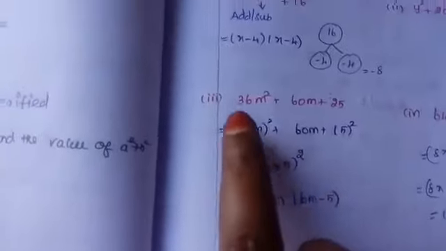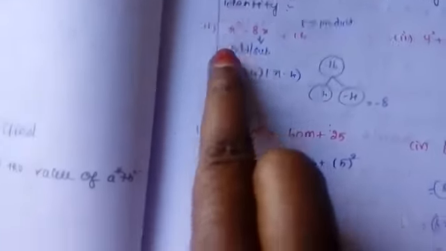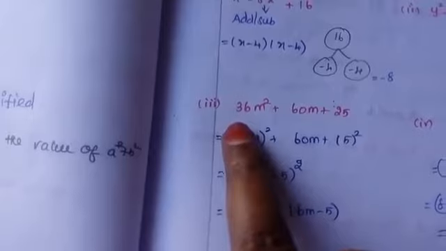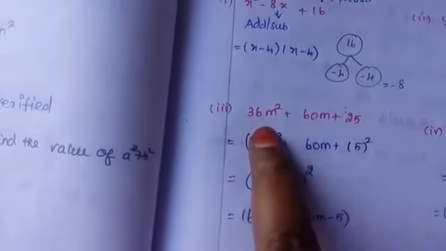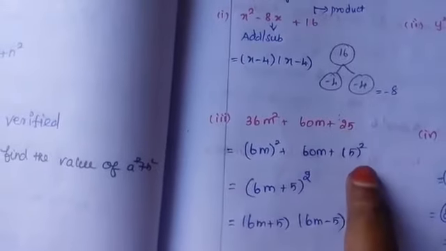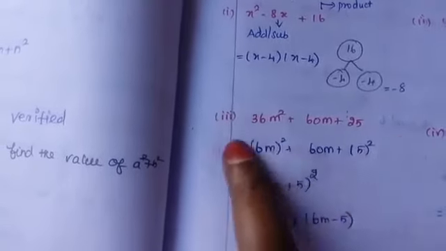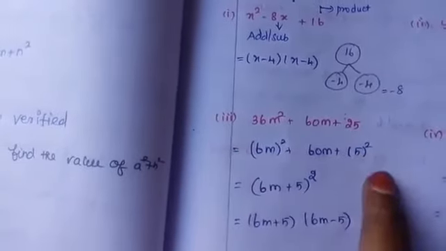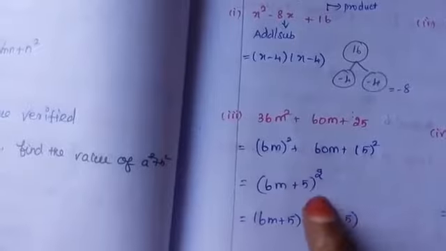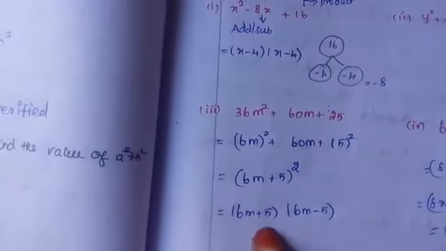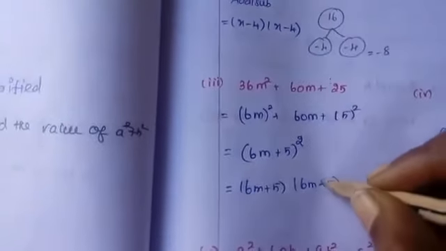Next sum is the coefficient method. Here there is no coefficient before that. Here there is a coefficient, which means we can separate. 36, how can we write it? As (6m) the whole square. 25 can be written as 5 square. The same way, in between is addition, so we add: (6m plus 5) the whole square means 2 times repeated. (6m plus 5), another one is also (6m plus 5).